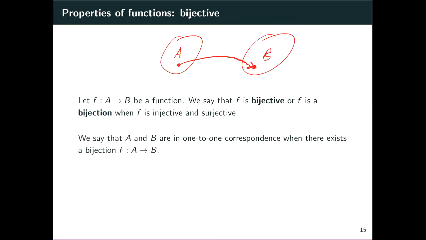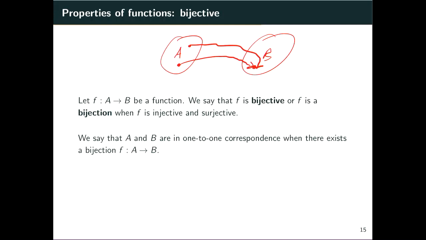Yep? No, so something that's impossible for this is that you can't have another element here mapping to this same element in B. It won't be bijective.